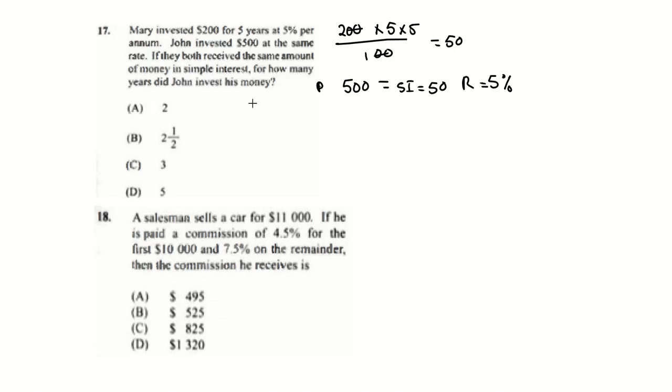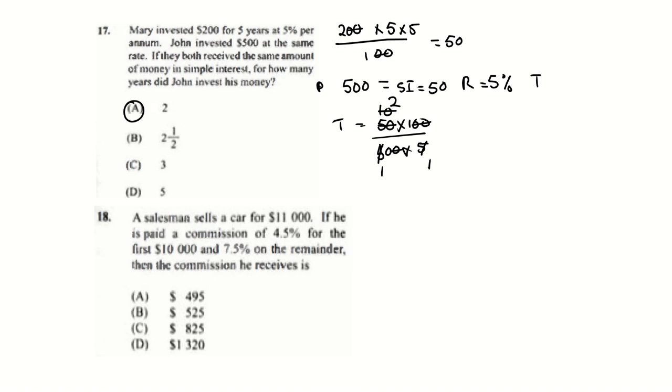And they want to know the time. We know time is simple interest multiplied by 100 over principal multiplied by rate. Cross this off, 5 into 5, 1, 5 into 50, 10, 5 into 5, 1, 5 into 10, 2, so the answer is A.